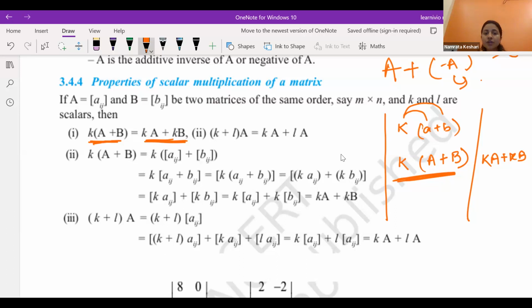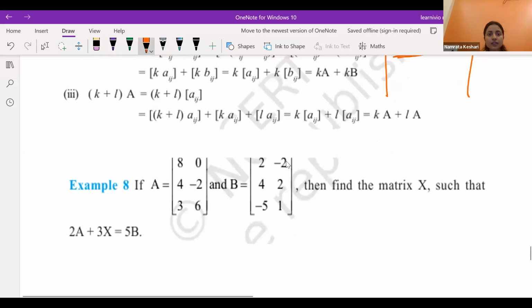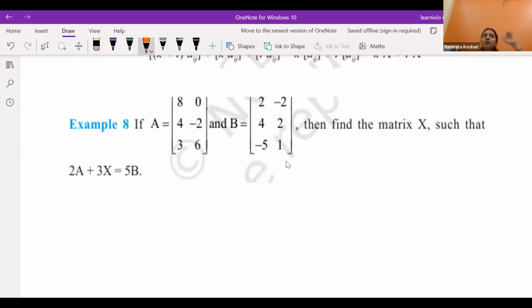When we have scalars k and l multiplying with A, that is the same as kA plus lA. Getting it? The others we have already discussed, these are just the proofs. So these are the properties you need to keep in mind. The way you apply the distributive property, the same way you will deal with matrices.